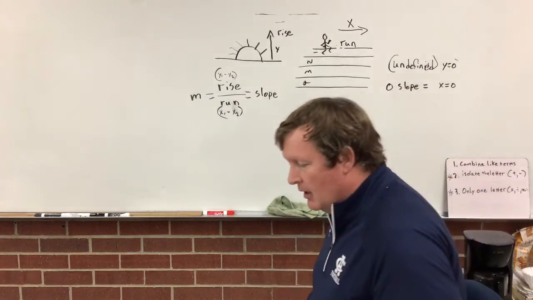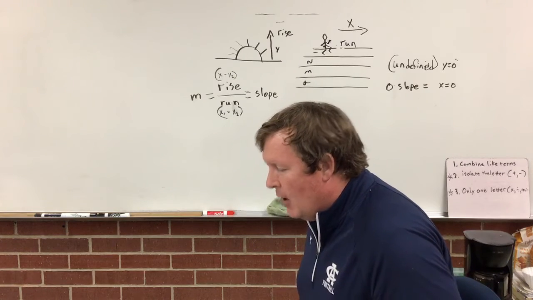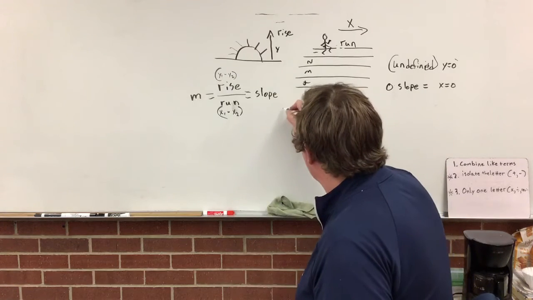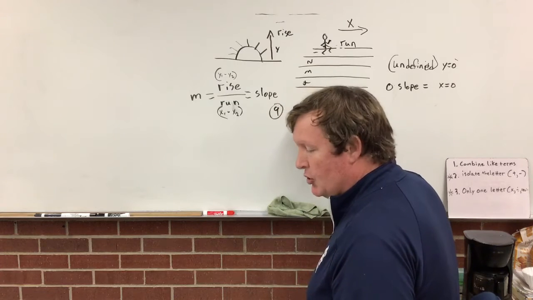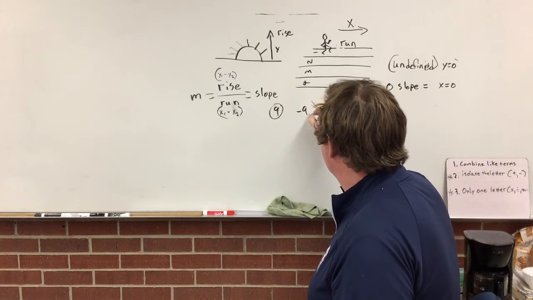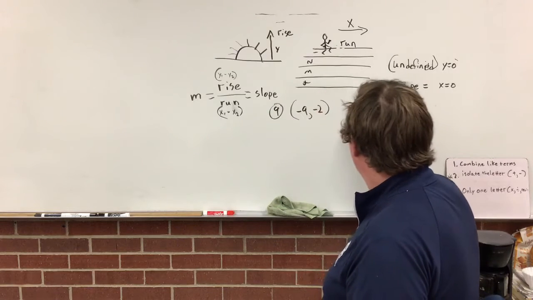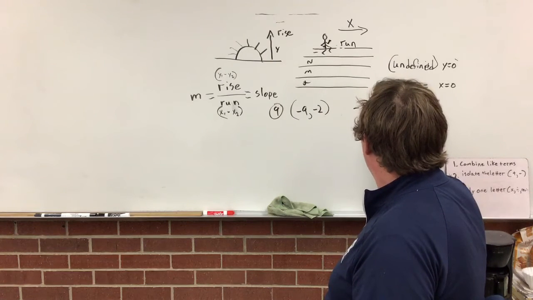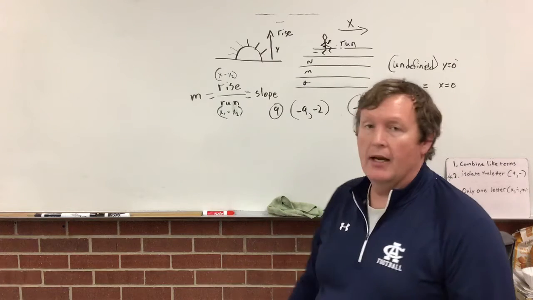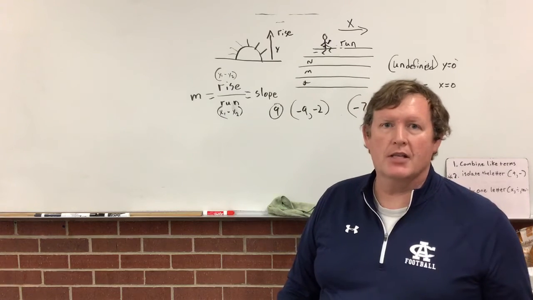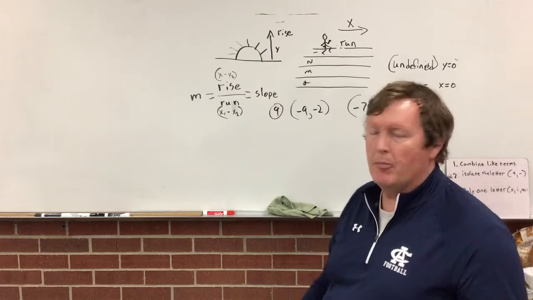Okay? Let's look at it. Let's try one with a lot of negatives in it. Let's look at number 9. It gives us 2 ordered pairs there. It gives us -9, -2 in the first ordered pair, and then it gives us -7, -3. Okay, this becomes tricky because you got to watch out for your signs and switch them appropriately.